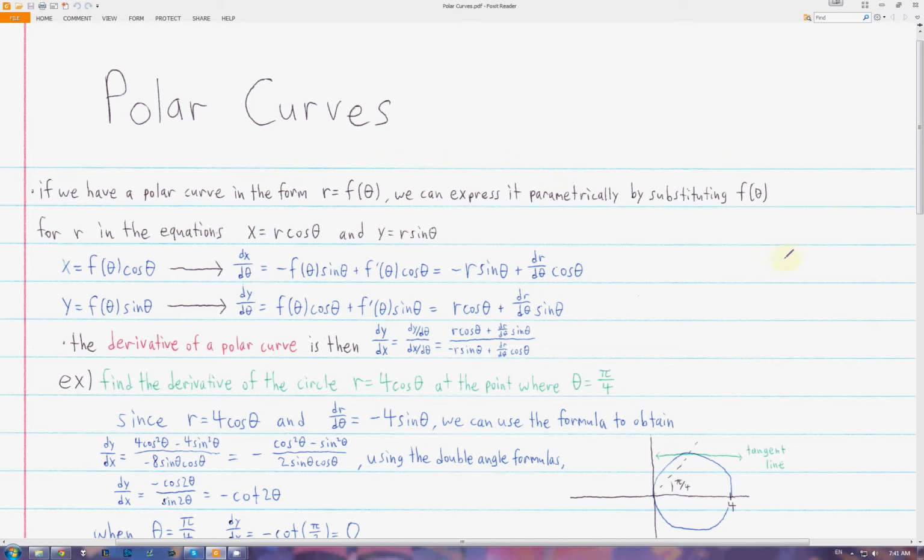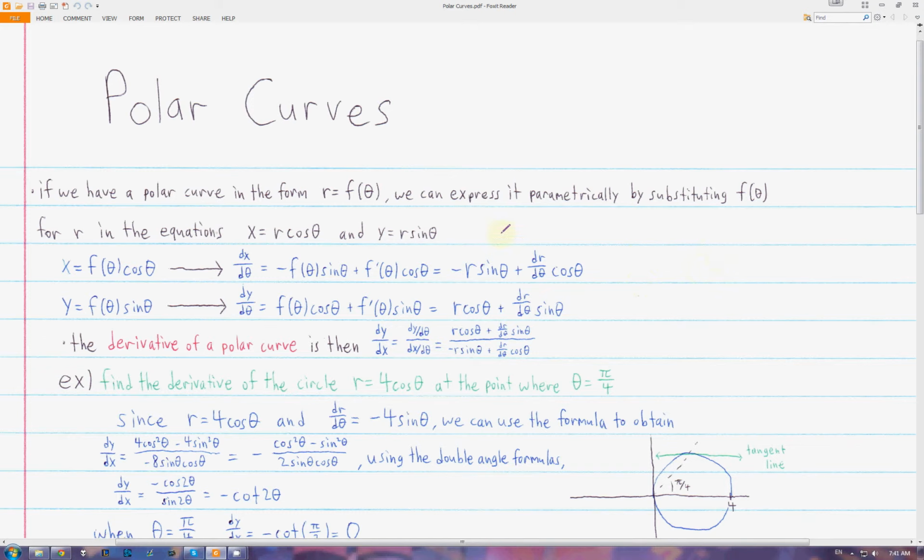curve. So the easiest way to do that is express the polar curve with a set of parametric equations, because we already know the formula for the derivative of a parametric curve. It's just dy/dt over dx/dt.